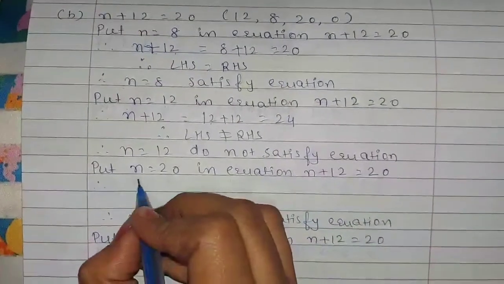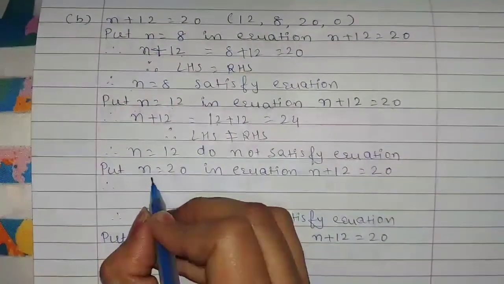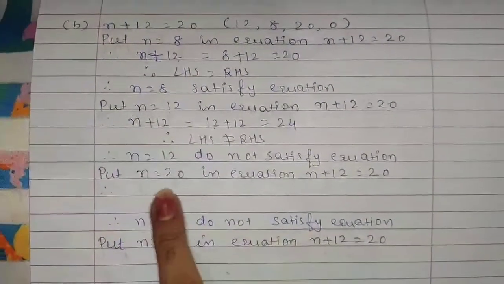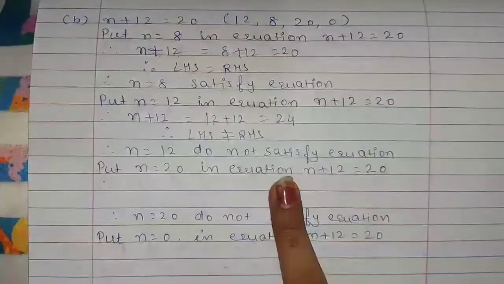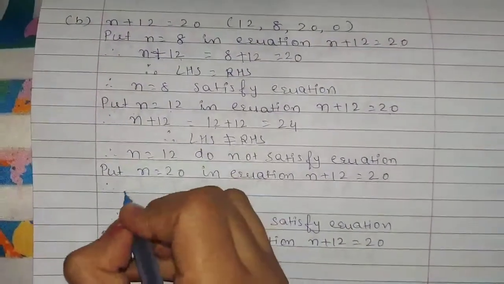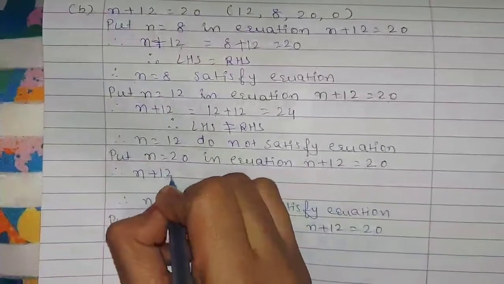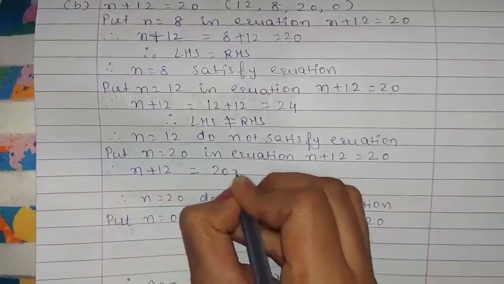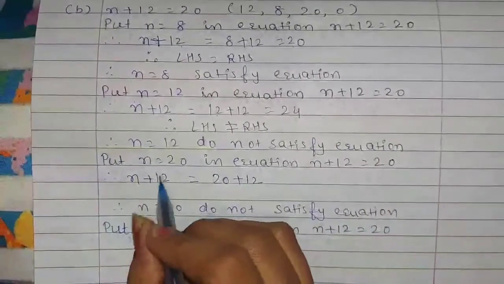Next number we have to take is 20. N equals to 20. So first we will write, put n equals to 20 in equation n plus 12 equals to 20. Therefore n plus 12 equals to 20 plus 12. Why 20 plus 12?